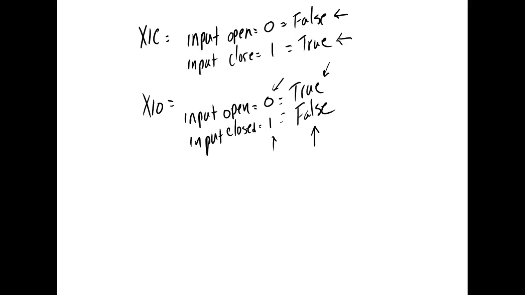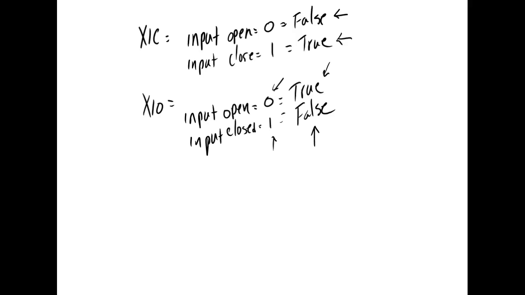If I bought all normally open push buttons, there's no way my technician could put in the wrong push button, because that's all I've got. Right? You understand? So this is where we would use examine open, if I wanted to use a normally open push button to represent a normally closed contact. That way a one will always be true and a zero would always be false.